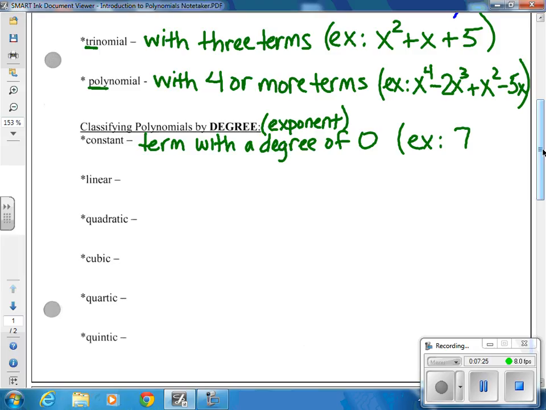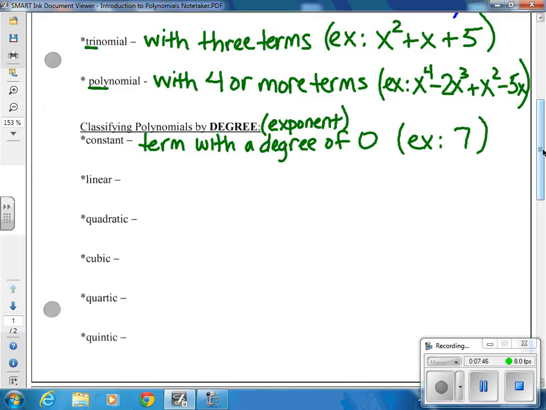If you really wanted to think of it in terms of why you do not see the degree of 0, this is really 7x to the 0 power, and every single one of you should know that x to the 0 power turns into a 1, so it leaves you with just the 7. So you're never going to see the letter there because it's technically not there, but it does have a degree of 0 for that reason. All right, linear.